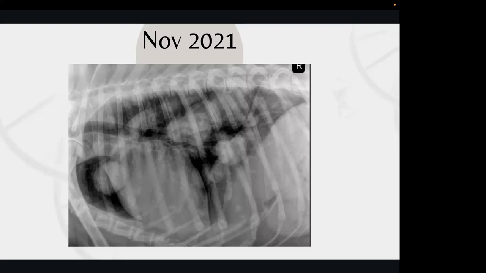And, as hopeful as I am about most of my cancer patients, this is bad. When you have multiple nodules throughout the lung, you have a poor prognosis. So I told her, this is a bad thing. We could try to find out exactly what type of cancer this is by getting a fine needle aspirate of one of these nodules so that I can pick a chemotherapy or targeted therapy to use.